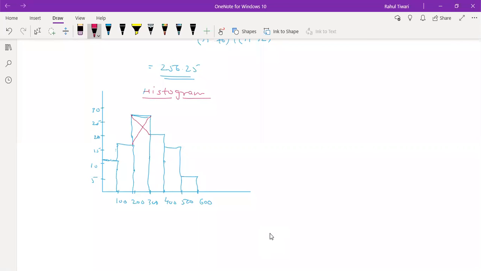These are the steps, and wherever you get the intersection point, you need to draw one vertical line, and whatever respective value you get on the x-axis, that could be your mode value.